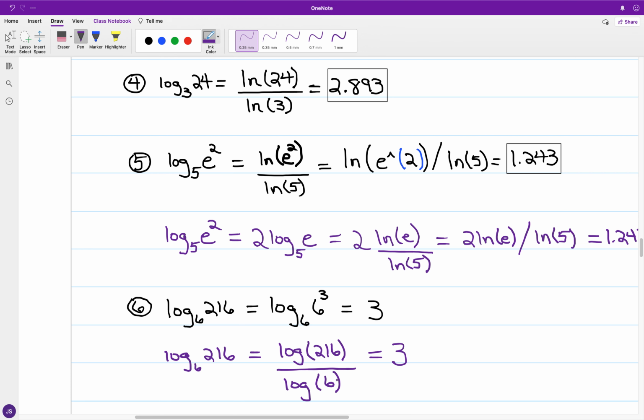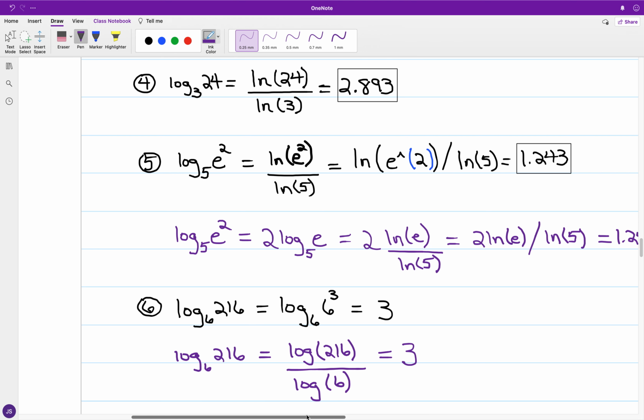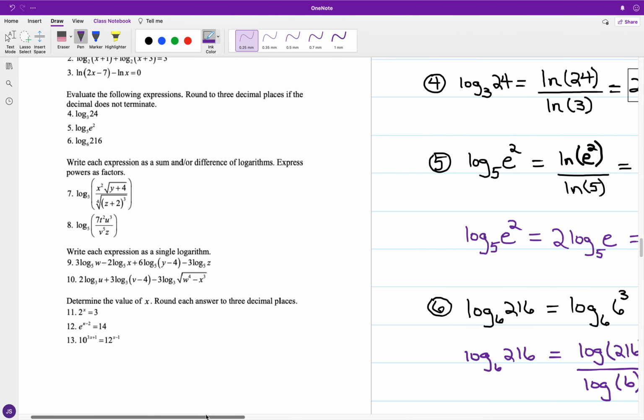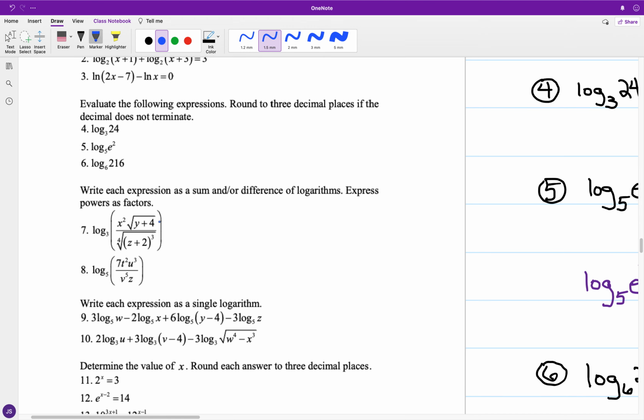Alright, now in the case of looking at exponential expressions and going to logarithms, we have numbers 7 and 8. So we have writing as sums and differences of logarithms, and for number 7 we have the base 3 logarithm of x squared times the square root of y plus 4, all over the 4th root of the cube of z plus 2.